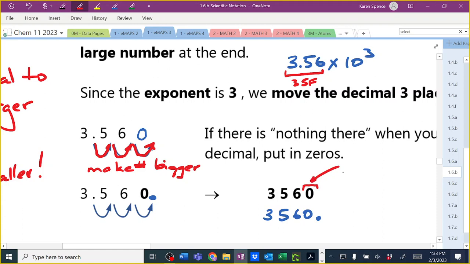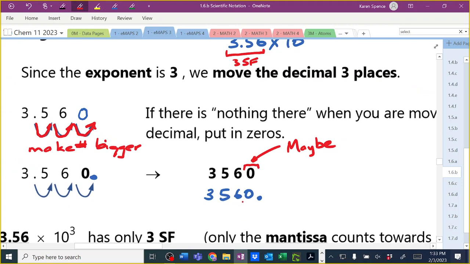Zeros on the right, maybe they are significant, right? A 0 on the right, maybe significant. And we ask ourselves, is there a decimal?